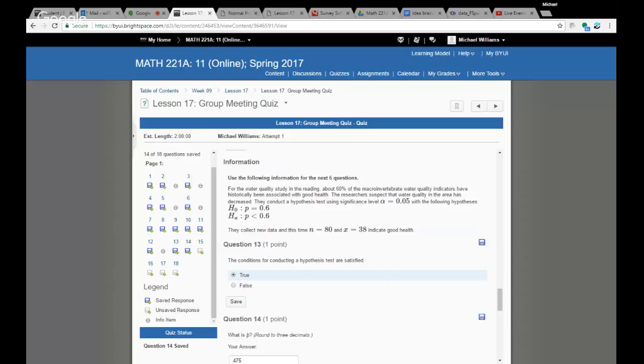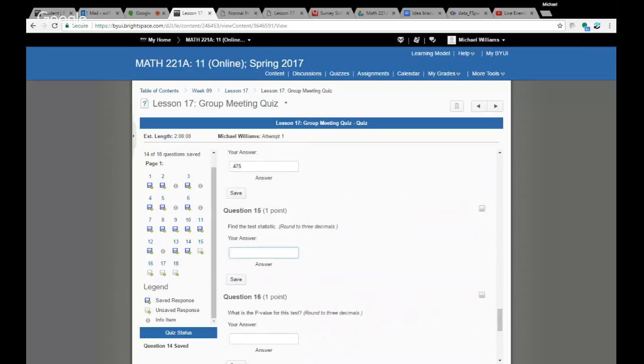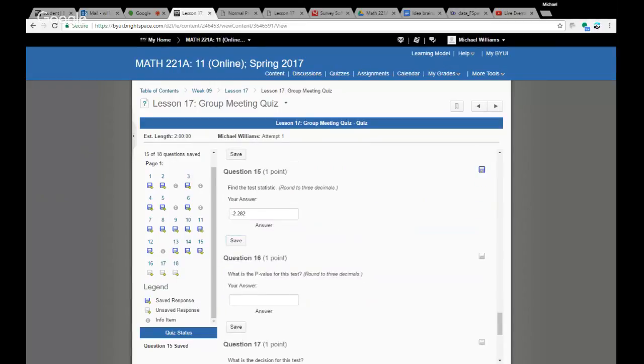Okay, so what was your z score? Negative 2.282. Yeah, it's the same I had. Yep. Sweet. So then it should give us the p-value of 0.011. Yep. And guess what? This is my favorite part. I got so excited when I got to do this.